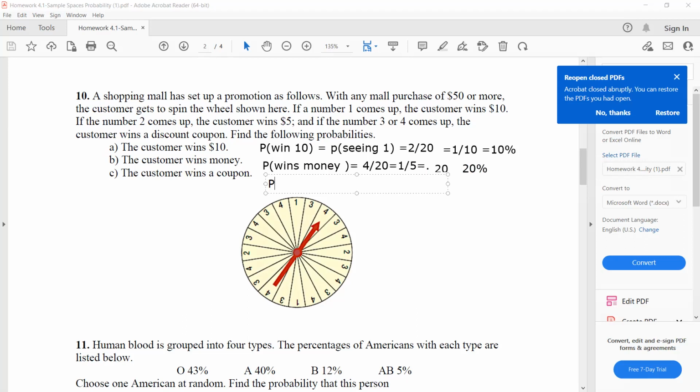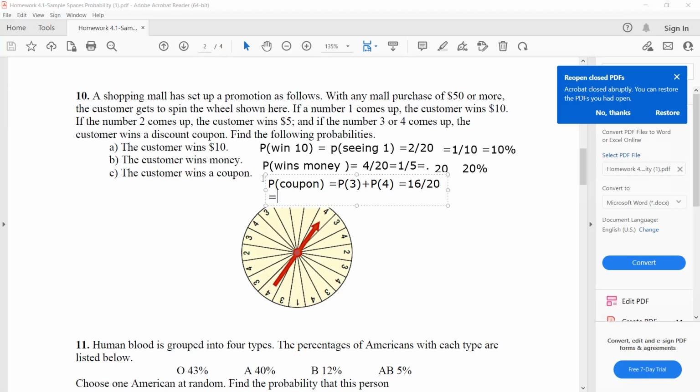So the probability that they win a coupon is equal to the probability of spinning a 3 or spinning a 4. And so that was 16 out of 20, and that's 80%.